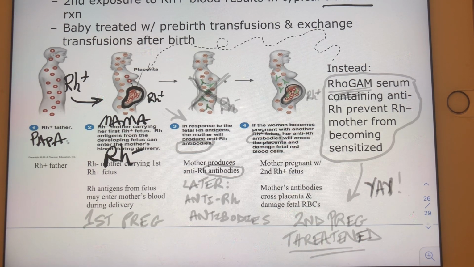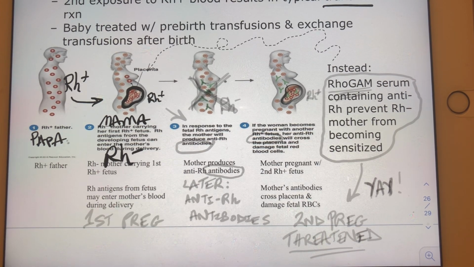But during labor and delivery, there's going to be exposure, and certainly by the time we're in labor and delivery, baby's blood is very fully developed, and erythrocytes are wearing all the name tags, or at least many of the name tags that they're going to feature. But the take-home message here is that over the course of pregnancy, mama, who is Rh negative, simply doesn't have enough time to develop anti-Rh antibodies.